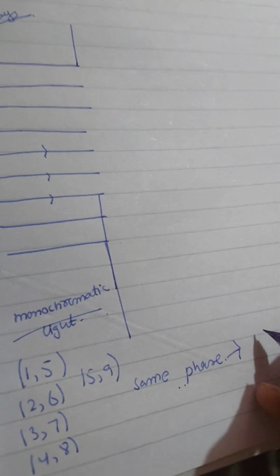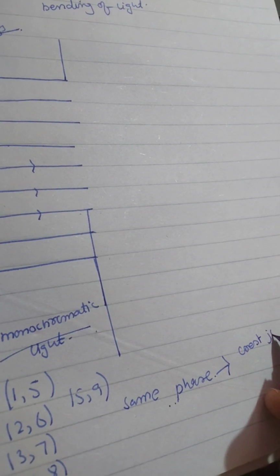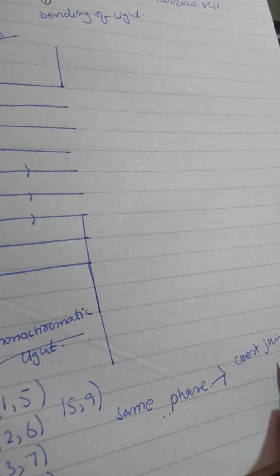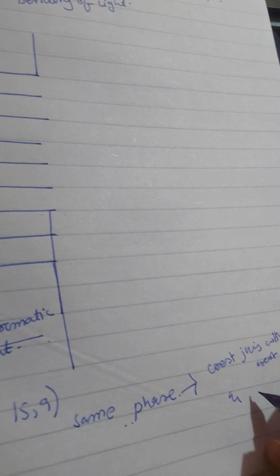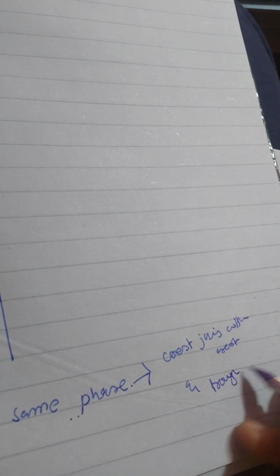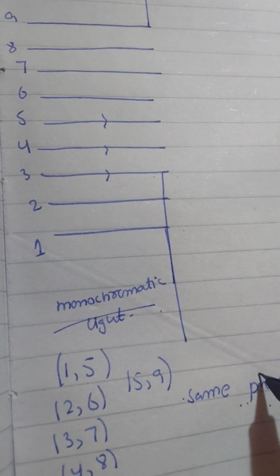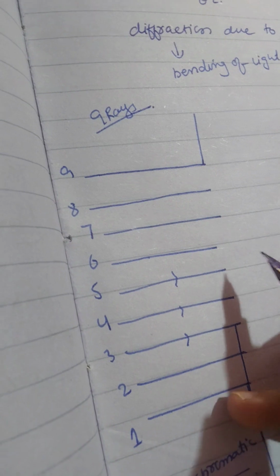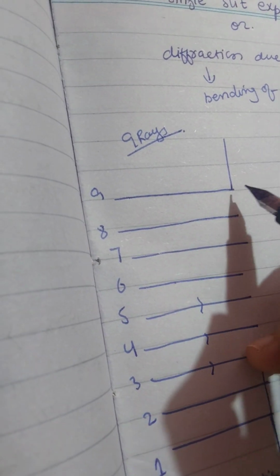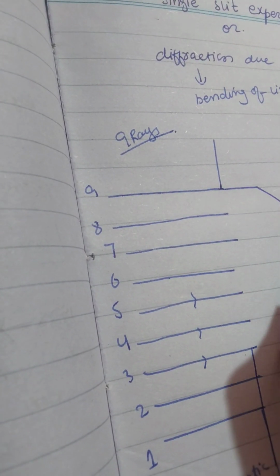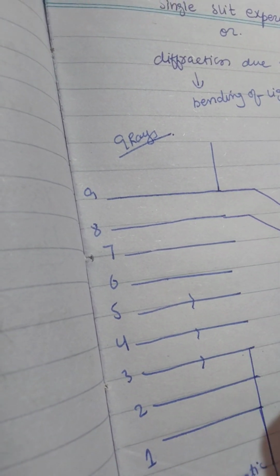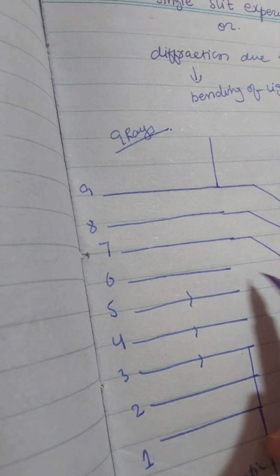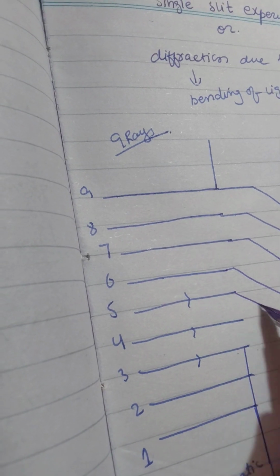Same phase basically means that their crest joins with crest and their trough joins with trough. That means they have same phase. So now we will consider the line 1 and line 5 over here. Okay, this is how they are spreading.